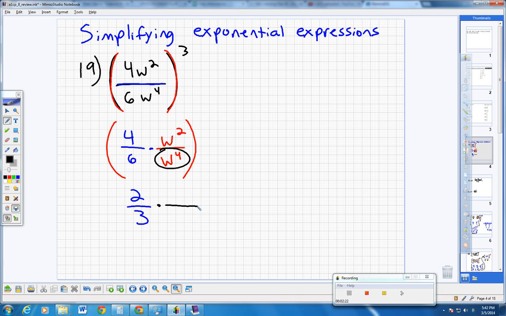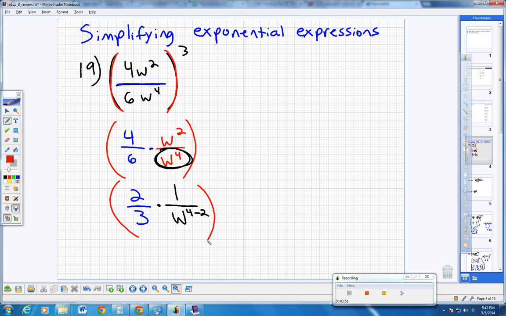I can look at this as 1 over w to the 4 minus 2. I identify which one's the bigger one and subtract from there, but I have to make sure that I write that in the denominator, since the w to the fourth is the one I started with.